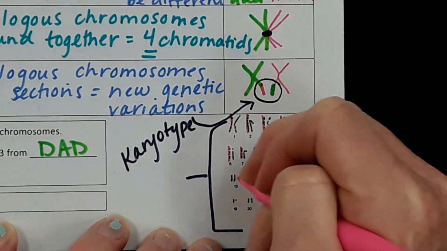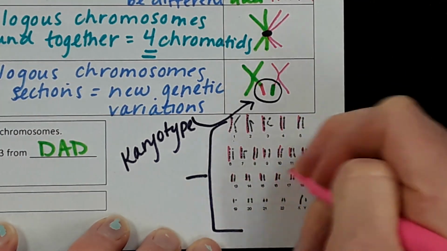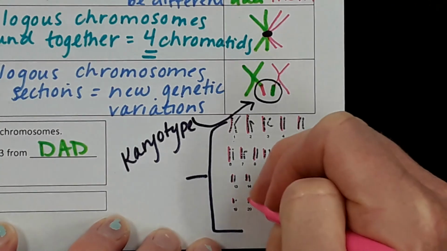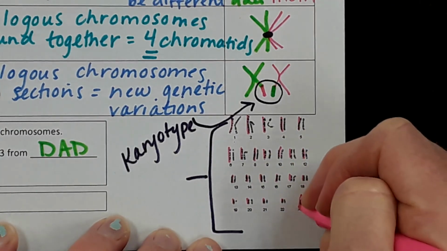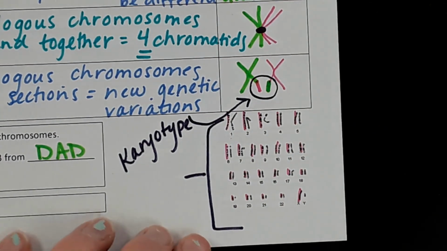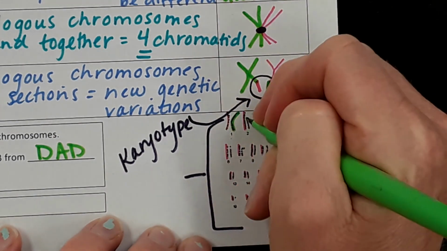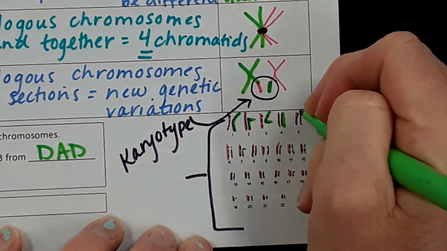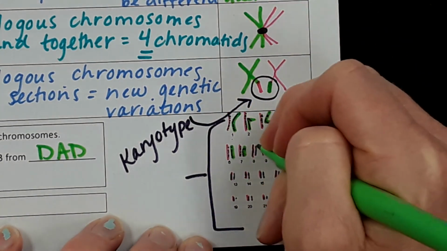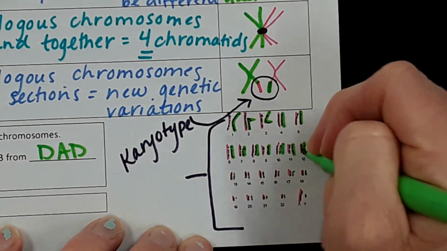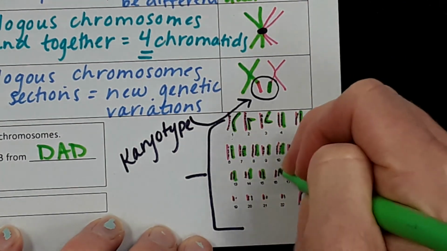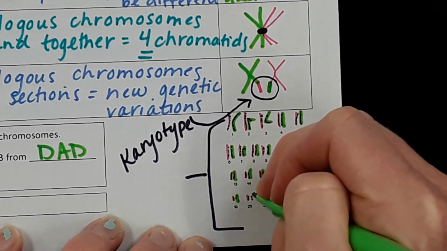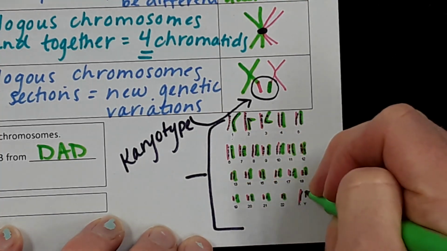So one of these chromosomes came from mom. And you can see they're organized from largest to smallest. And then the other chromosome is inherited from your dad. And so you are carrying genetic information from both your mom and your dad. And then how those genes get expressed depends on protein synthesis.